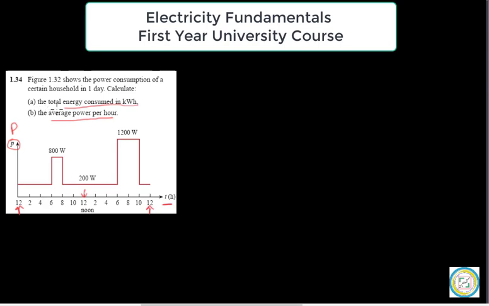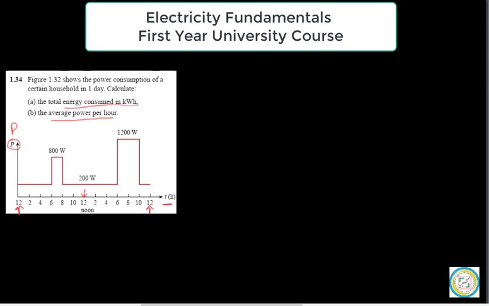So in part 1, we need to find the energy consumed for the whole day, and in part 2, we need to find the power that is representative of this graph that can be consumed on average throughout the day. So let's quickly start talking about this.